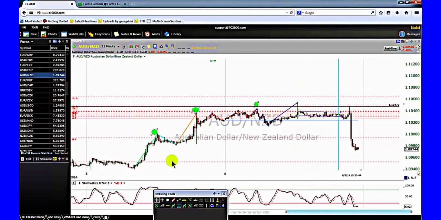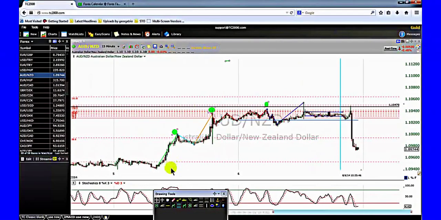As you can see, to summarize this video, we have counted 5 waves. 1, 2, 3. The fourth wave is a complex wave, which is formed of 5 minor waves, 1, 2, 3, 4, 5.